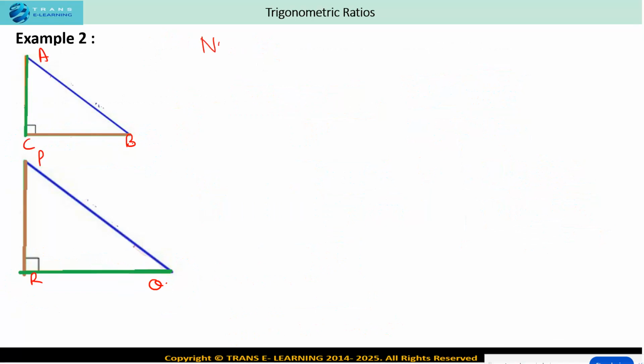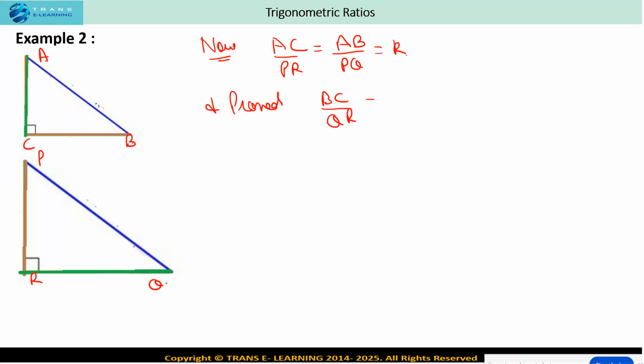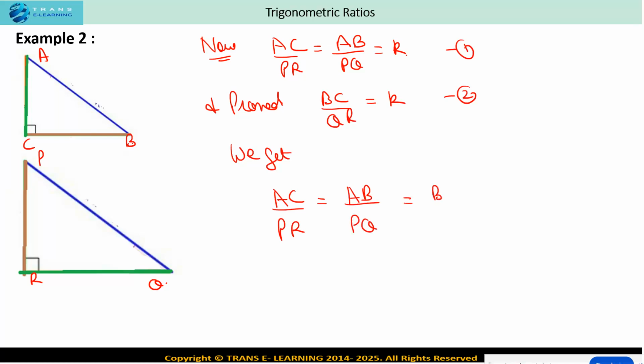So now we know that AC upon PR equals AB upon PQ is equal to K, and we have just proved that BC upon QR is equal to K. So from the first and second equation we get that AC upon PR is equal to AB upon PQ is equal to BC upon QR.